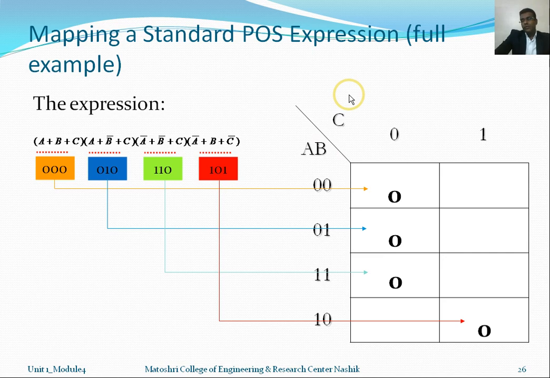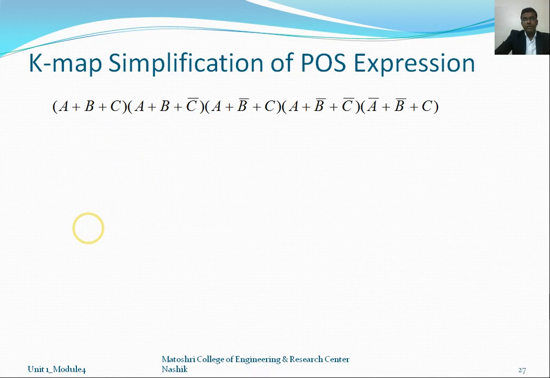Similar to the SOP, the difference is that instead of 1s we represent by 0s, and the logic for SOP and POS is like this. In case of SOP, the complement of a variable is 0, whereas in case of POS expression, 0 is without complement and 1 is complement.